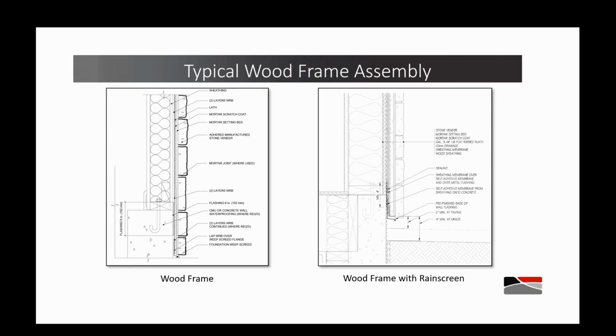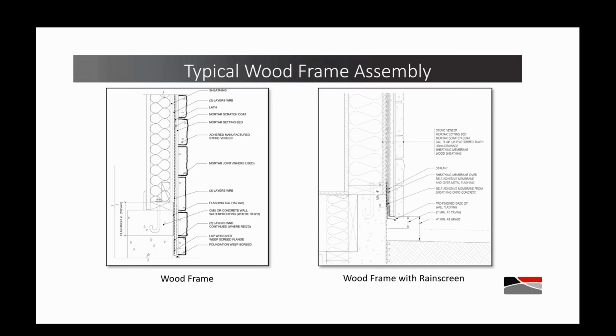These are some standard details that we offer. The one on the left is just a straightforward wood frame. So your sheathing, weather-resistant barrier, expanded metal lath, mortar scratch coat, mortar setting bed, and the stone. Similarly, on the right, it's pretty much the same detail, but with the introduction of the minimum 10mm drainage plane that's required in some jurisdictions in Canada.